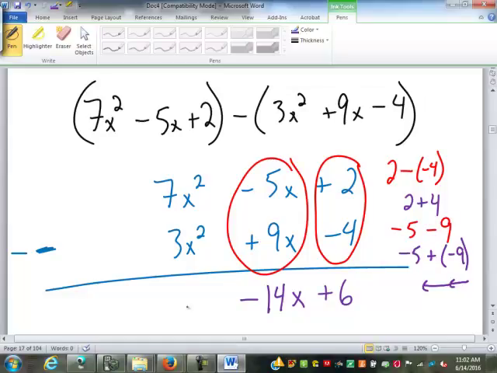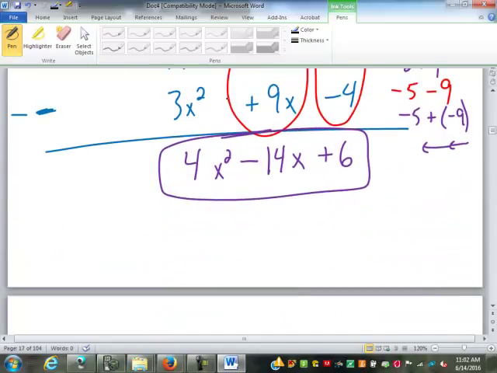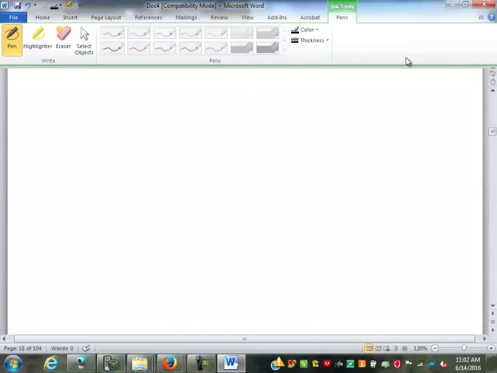Well, that's just 7 minus 3 is 4x squared. What do you think? The subtraction is a little, you throw those negatives in there with the subtraction. I told you the integers would come back time and time again. Unfortunately.